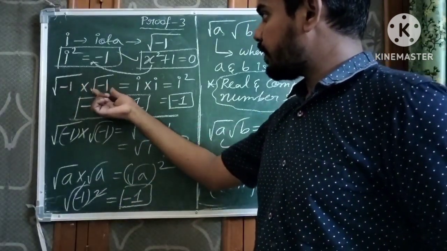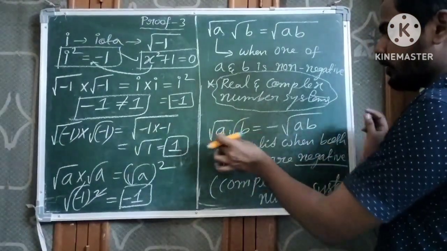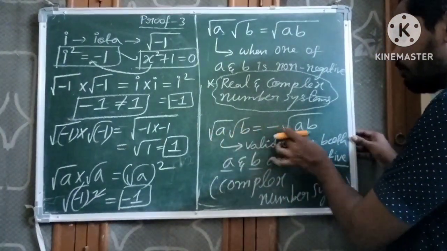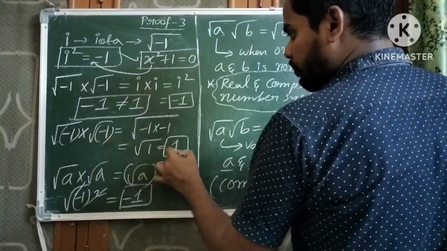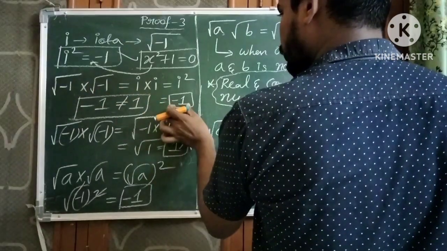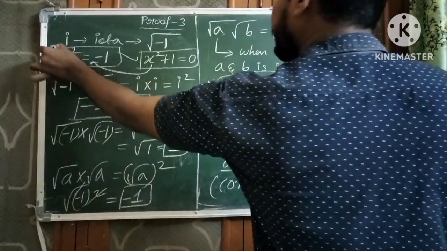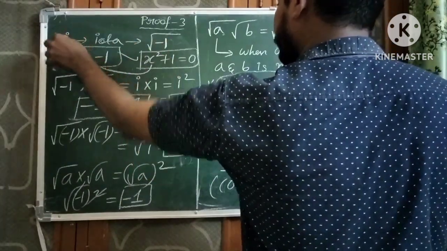So a is negative, b is negative, which means we have to apply this formula: root a into root b is equal to minus root over ab. So it cannot be equal to plus 1. This value must be equal to minus 1, because we considered the value of i square as minus 1 and root over minus 1 is i.